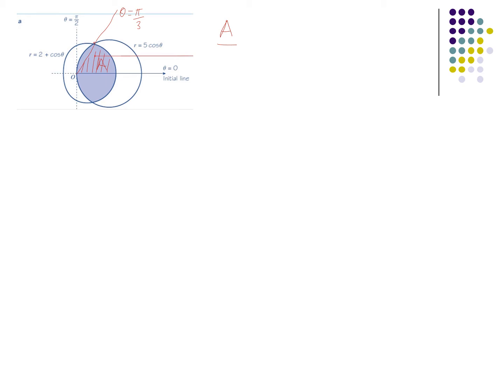Now you should hopefully see that the curve that's the boundary for that region A is my r equals 2 plus cos theta curve. And the limits that we'll need to use to get that area A, well, it starts with this line here, which is theta is 0, and it goes up to that point of intersection, which is theta is pi by 3.